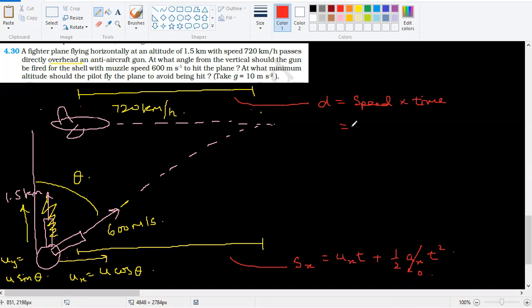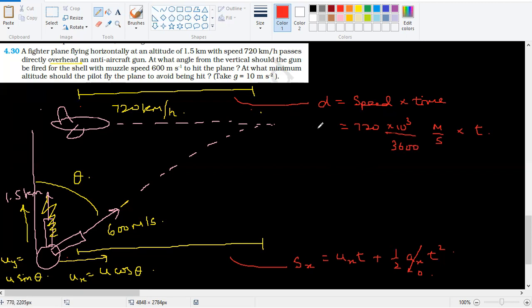So speed is 720 kilometers per hour. Kilometers is into 10 power 3 meters divided by hours is 3600, converting into meter per second, because here I have meter per second. So time taken here is also t. Here also it's t.